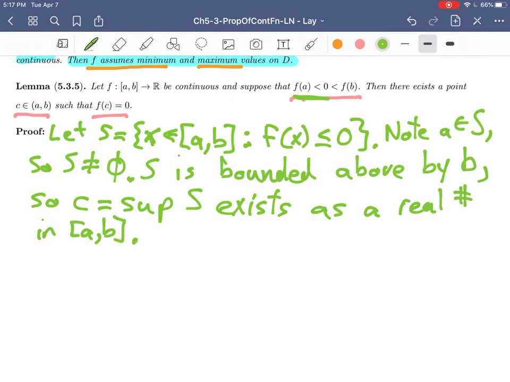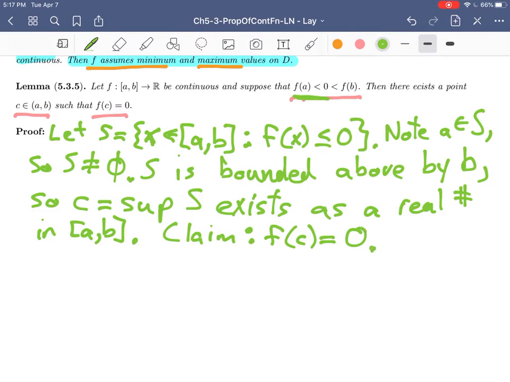Here's what we're going to claim: whatever that supremum is, that choice of c, when we evaluate this function at the supremum of the set we've defined, that output is 0.